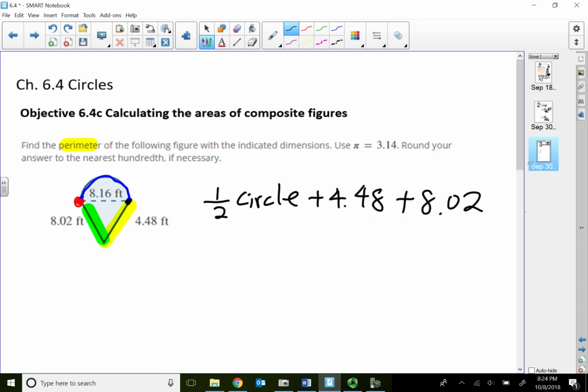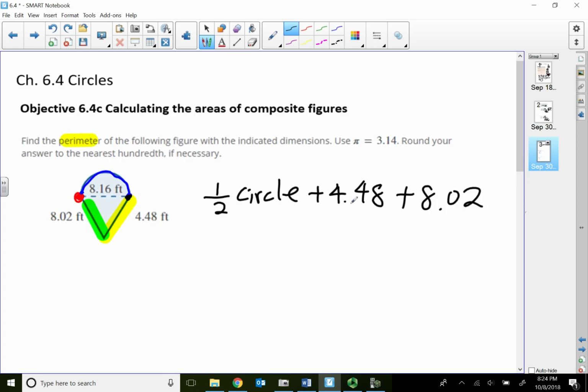Back in module 1, we talked about using addition and subtraction signs outside the parentheses to indicate our terms. So this entire perimeter of this composite shape is broken down into 3 terms, or 3 pieces. Traveling half a circle, plus continuing to travel on the outside, plus 4.48 going down, and then plus another 8.02 coming back up.